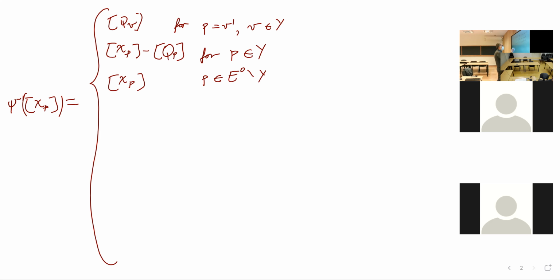Now let's look at edges. So it's the class of chi E, where E is an appropriate edge, times the class of Q dE of E.